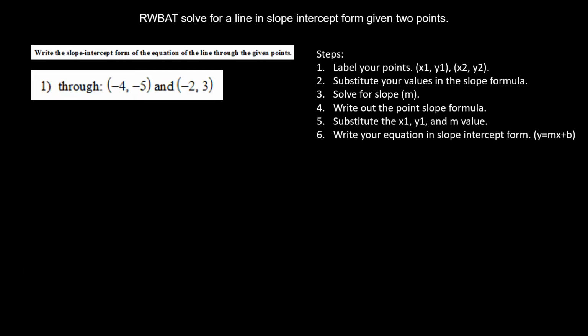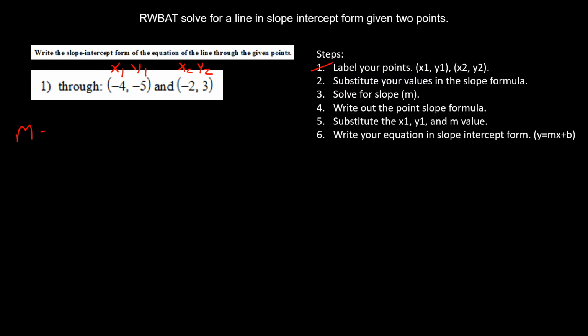Okay, so for this problem here, they want us to solve for the line given these 2 points. So step 1 says label x1, so let's do that, x1, y1, x2, y2. Step 1 done. So now we're going to substitute into our slope formula.